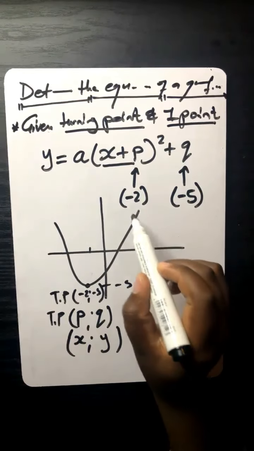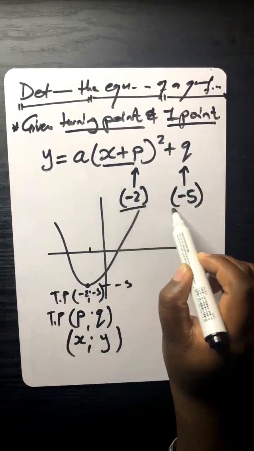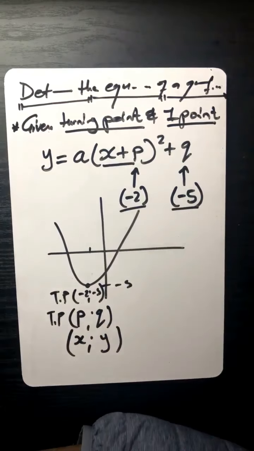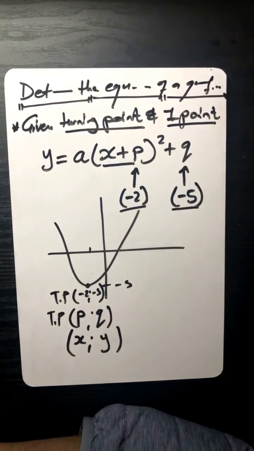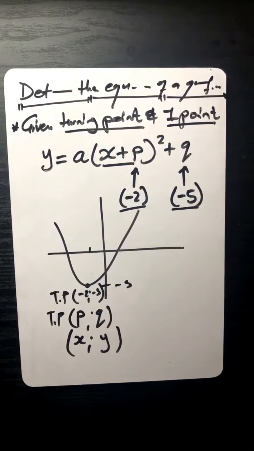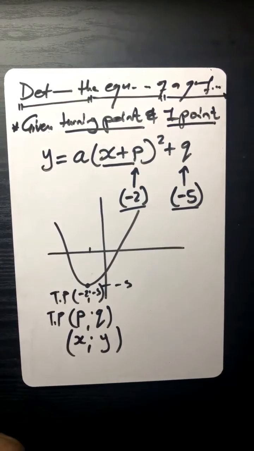Very, very important: remember, at all times when you substitute, put whatever you're substituting in brackets. So that part is very important in the sense that you need to be able to identify your P and Q. So bullet number 3 says substitute the given point.